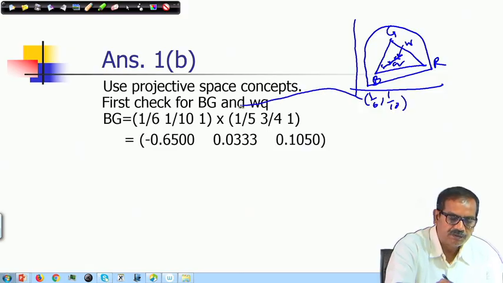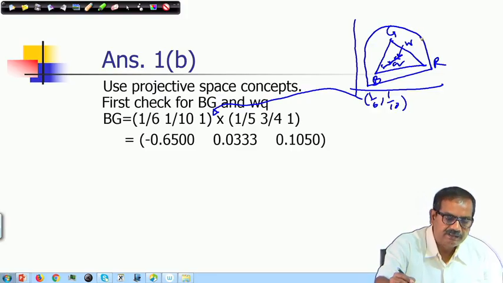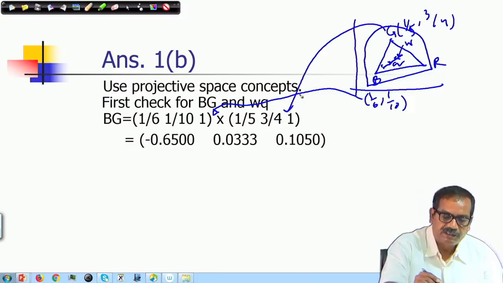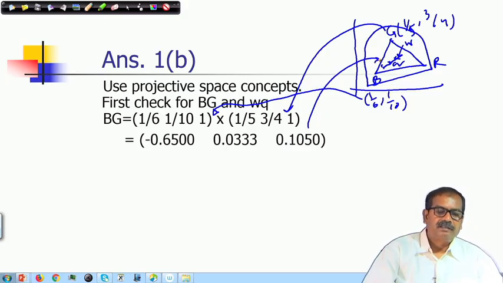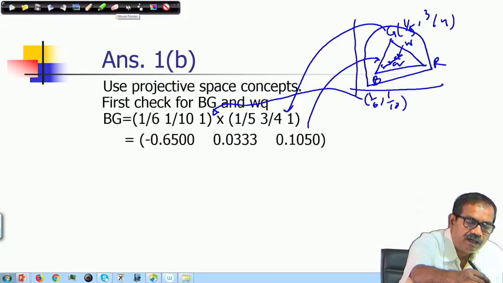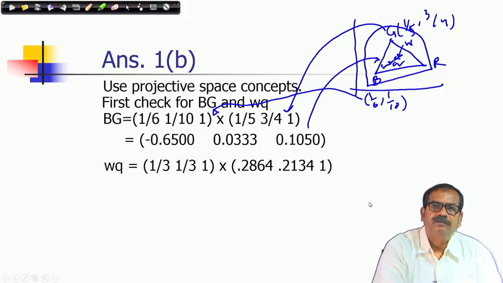So, in the homogeneous coordinate system, this is 1 by 6, 1 by 10, 1 and then G is 1 by 5 and 3 by 4. So, this is the representation. So, if I take the cross product, this is giving you the equation of this line BG. And similarly, I will get the equation of WQ.